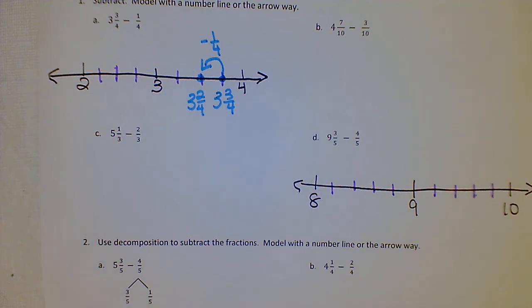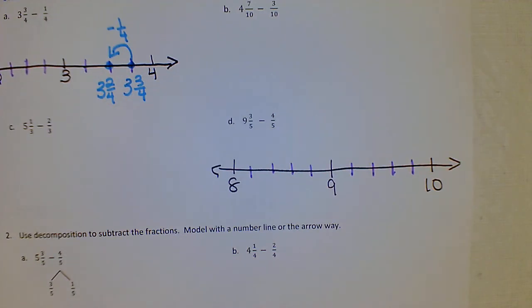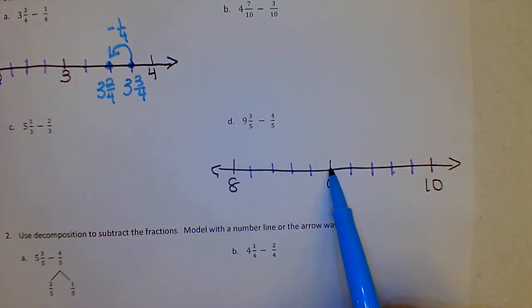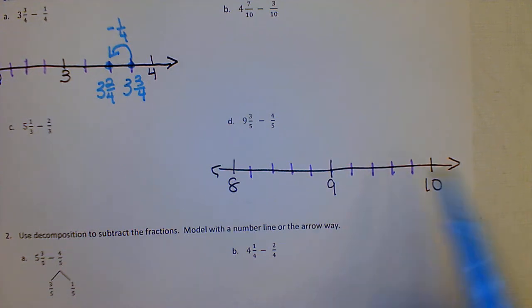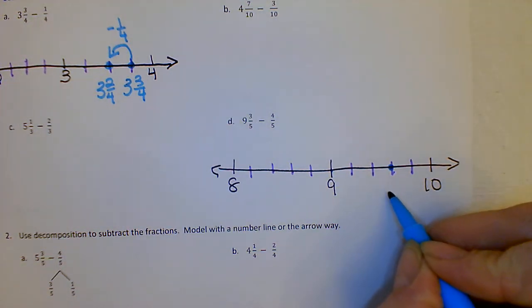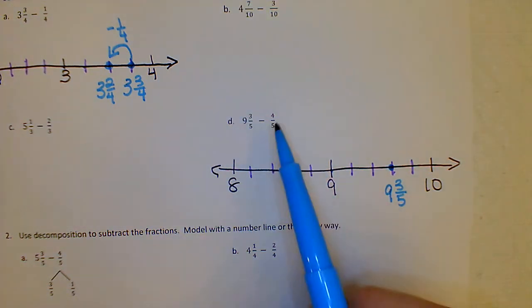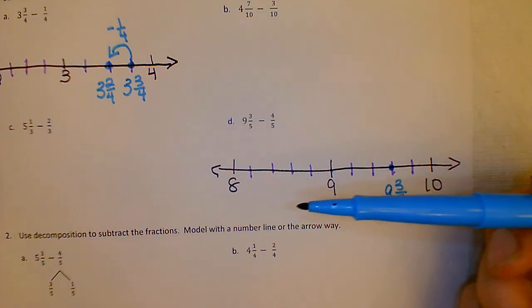So now what we want to do, I'm going to slide this over so we have a little bit more clear. I need to write where I'm starting. So I'm starting at 9 3/5. So I go to my 9 and I add 3/5. 1, 2, 3/5. And that's 9 3/5. Now we have to show what we're doing. We are subtracting 4/5, which means we're going 4 to the left.